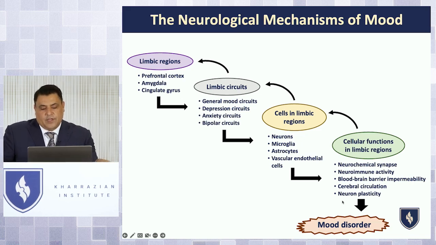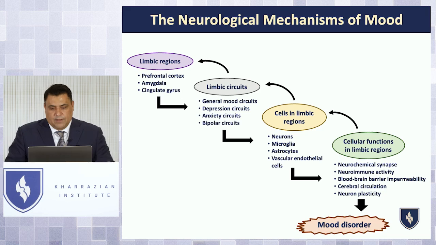So you can't have a protocol for a mood disorder based on the type of mood disorder. You have to realize that the mood disorder is just a reflection of some of the circuits in the limbic system being off. And certain anatomical pathways and certain circuits that are dysfunctional are going to lead to anxiety, certain dysfunctional symptoms are going to lead to depression, and so on.